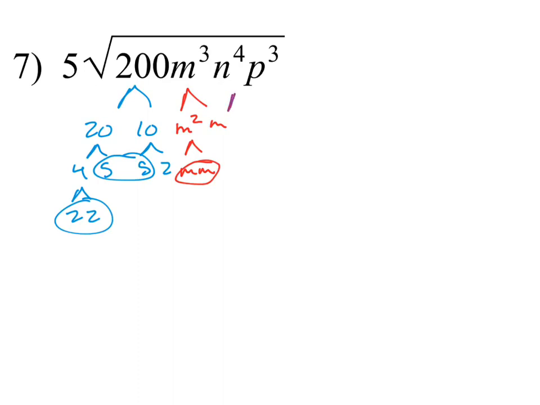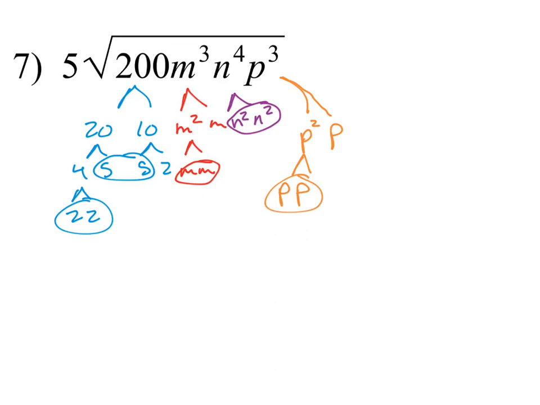All right, so n to the 4th is n squared times n squared, and that's already a pair there, so we'll stop there. Let's see, I'm running out of colors. Orange? Yeah, we'll go with orange. So p to the 3rd is p squared times p, and then you can factor the p squared there. So here's my pairs of things. Anything that's not circled at the end there, that's what gets left over.